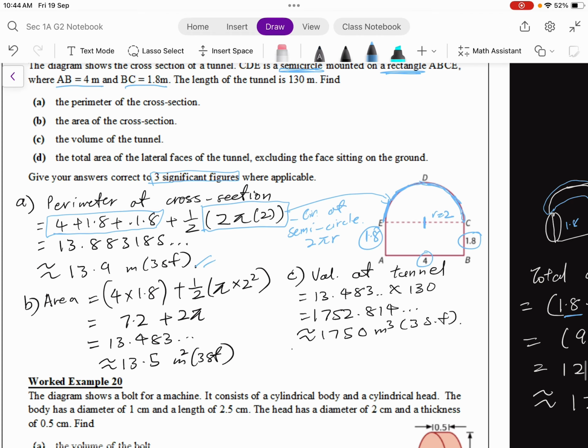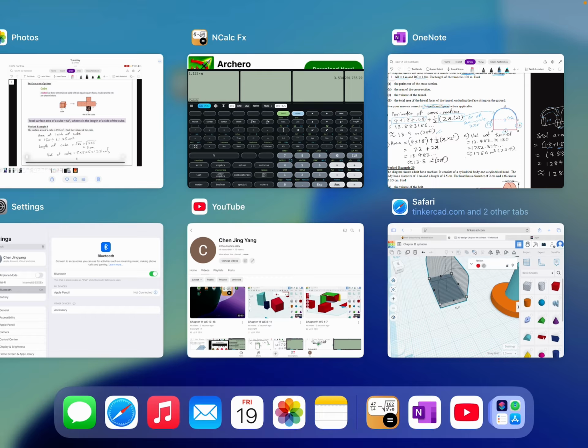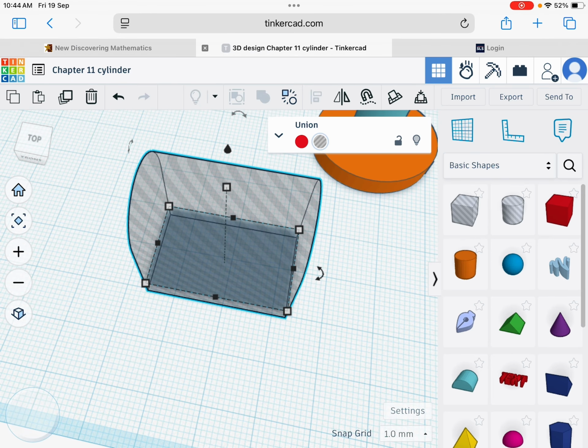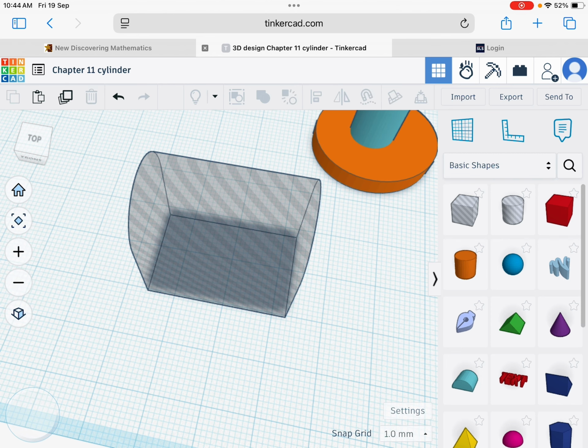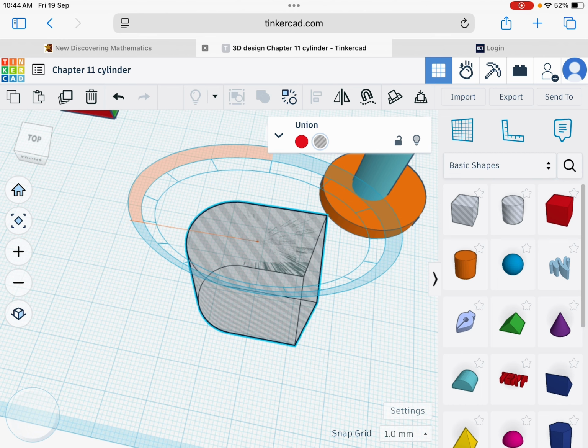Okay, so for area, generally the same thing. Going back here, I'm going to reverse it so it faces up.